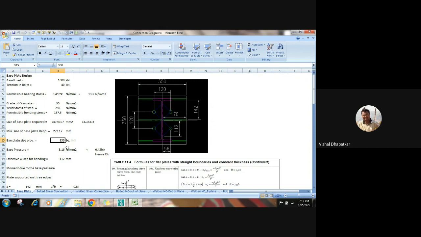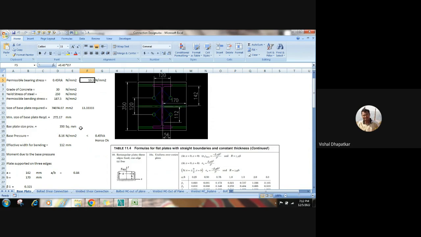So the required size will be 350 by 350, based on which our bearing pressure is 8.16 Newton per mm square, which is less than 0.45 fck or 13.5 Newton per mm square. Okay, so this is how we have decided the size of the footing.